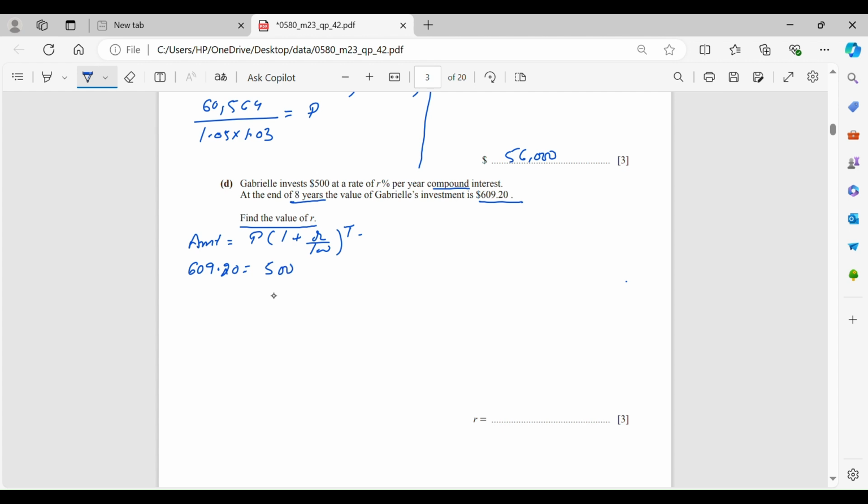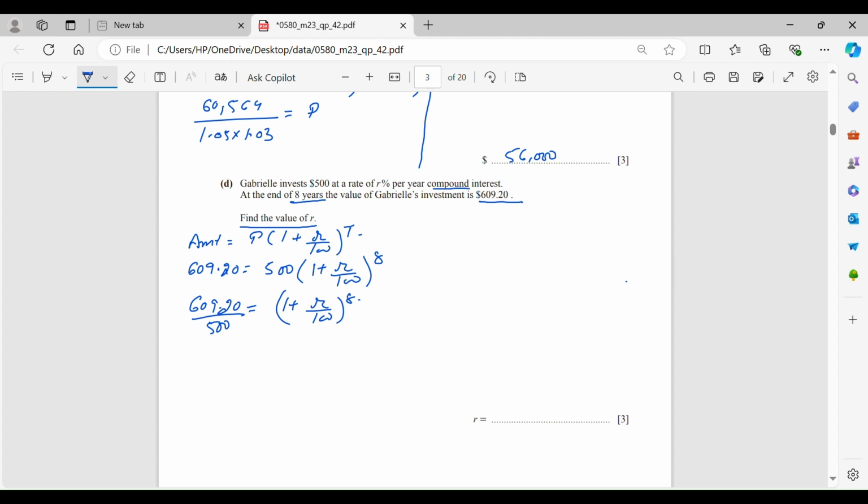Principal is 500. 1 plus rate of interest we have to find, time is raised to the power 8. So 609.20 over 500 is equal to 1 plus R by 100 raised to the power 8. We will use the calculator for this.